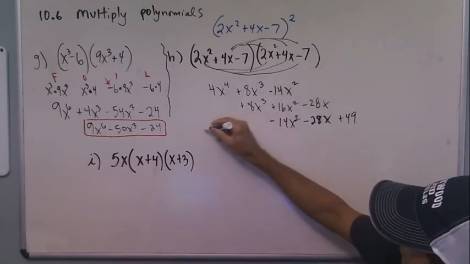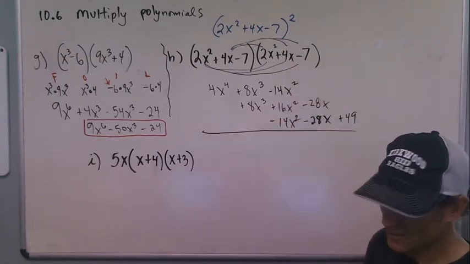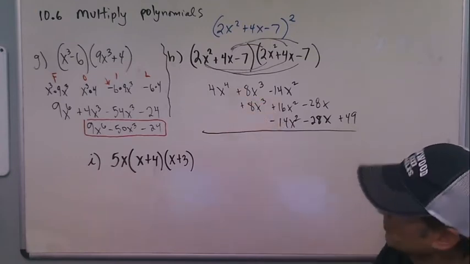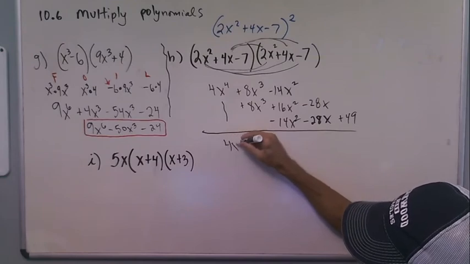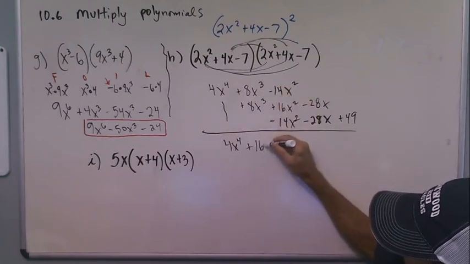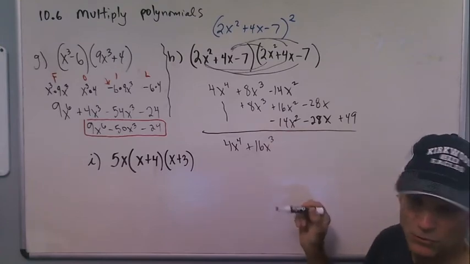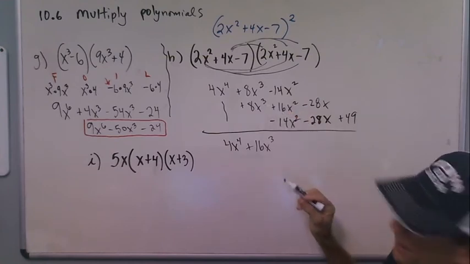Now, I did that so everything's lined up and I can combine like terms here. So this 4x to the 4th just comes down. That's 16x to the 3rd. Remember, we're combining like terms, we're not multiplying, so we just keep the variable and the power the same here.